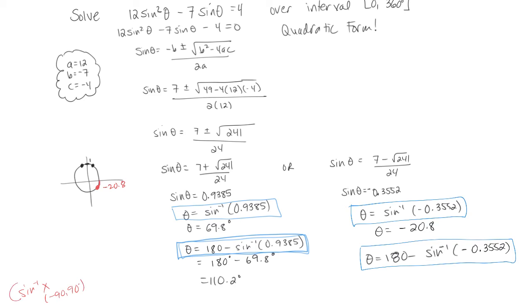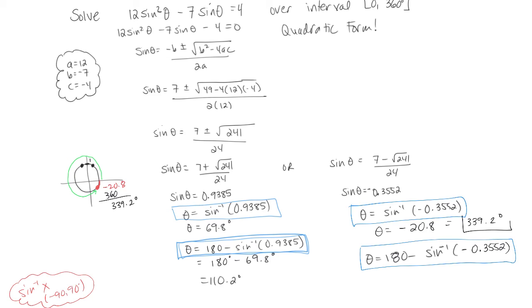Your calculator is going to give you some value within those, but I know that that's the same thing as the positive angle going all the way over here. So I'm going to come up with that coterminal angle. That's the same thing as if I added 360 to this, so plus 360 gives us 339.2 degrees.